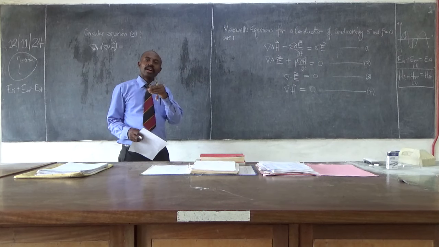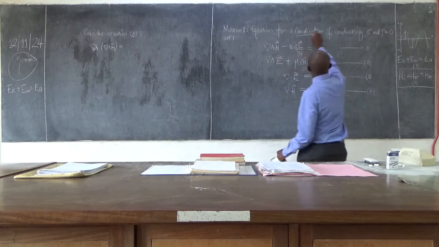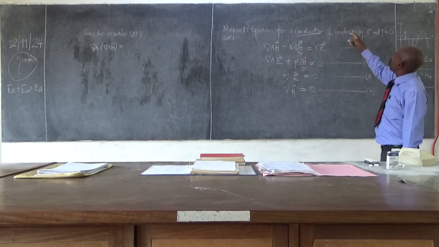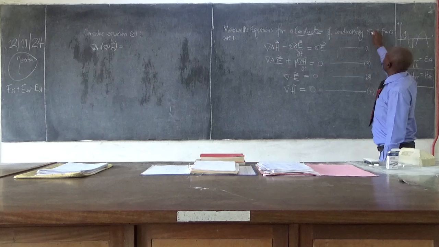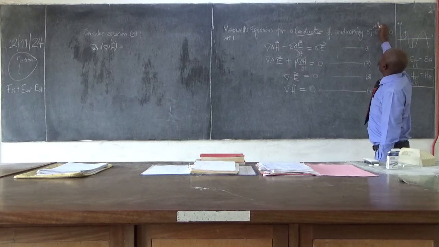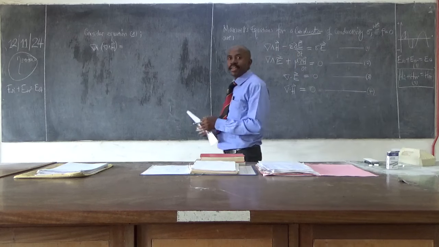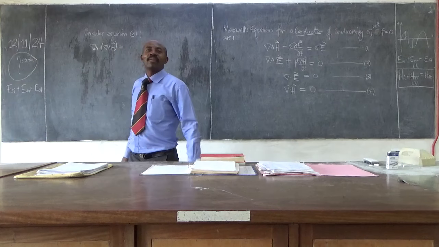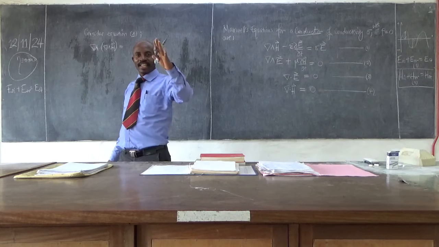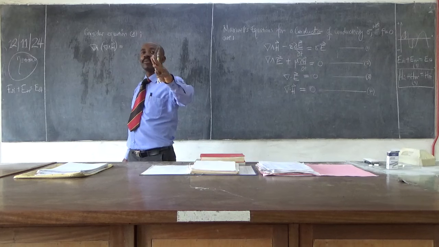We are looking within a conductor, for a conductor of conductivity sigma with rho equal to 0. You're looking at inside the conductor. A wire does not conduct outside. Conduction takes place inside the wire.